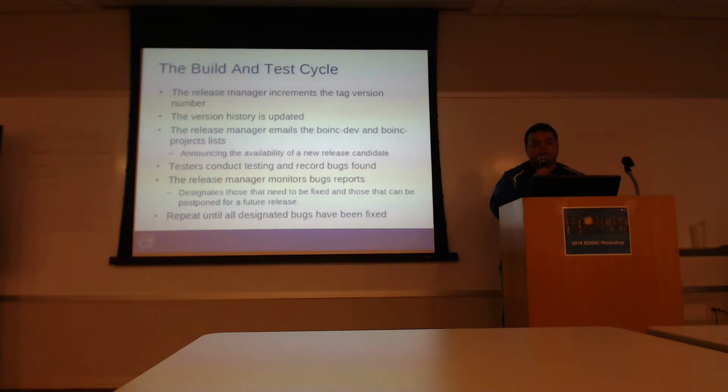Testers then conduct testing and record bugs found, and designate those that need to be fixed and those that can be postponed for a future release. And this is repeated until all designated bugs have been fixed.